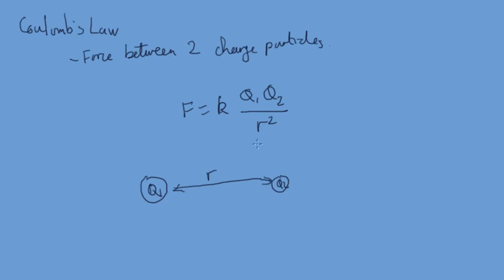So what this tells us is that the electric force between two particles is directly proportional to the size of the charge of the particles, but is inversely proportional to R squared, the distance squared.